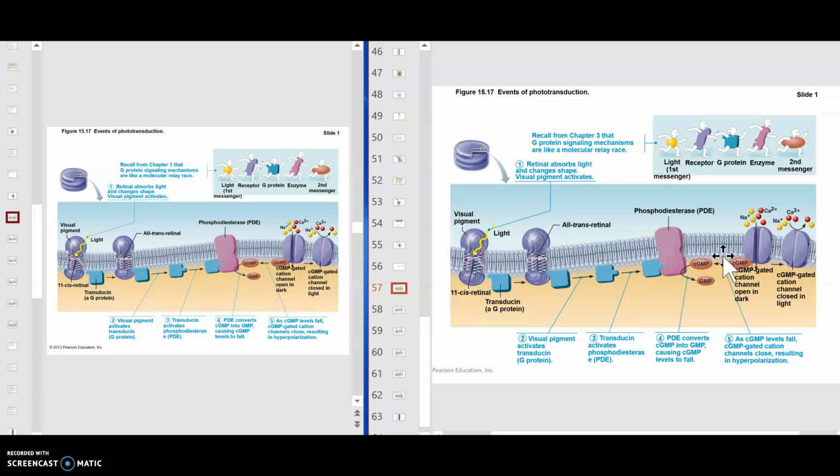Now you may want to go back. I did a pretty extensive lecture on electrophysiology, and you may want to go back. But we have a negative 40 millivolts in this membrane with these coming in. If we were to close these off, then positives would not be coming in.